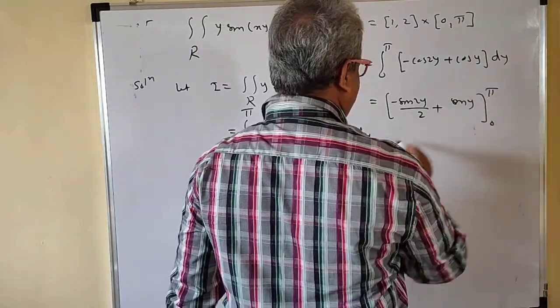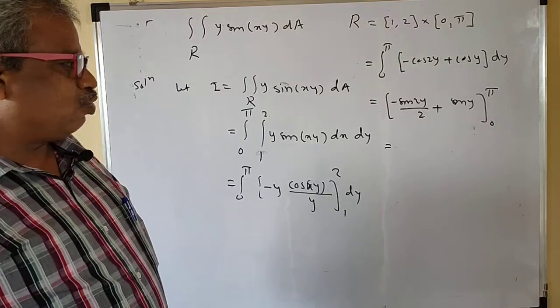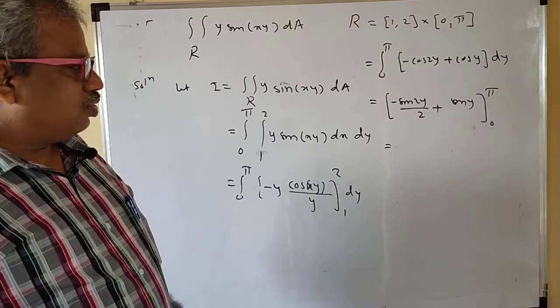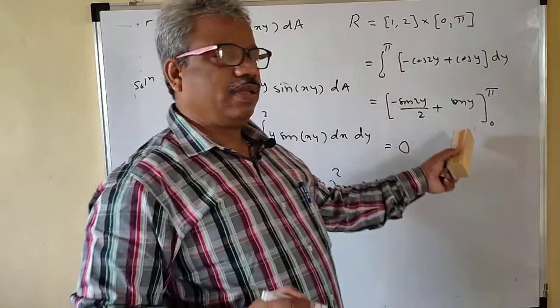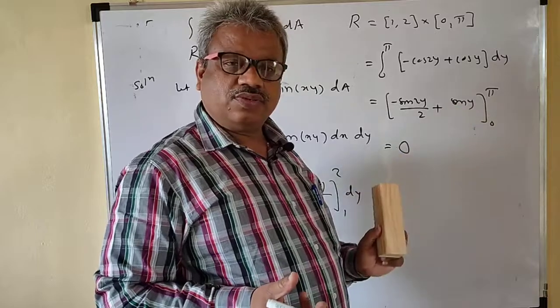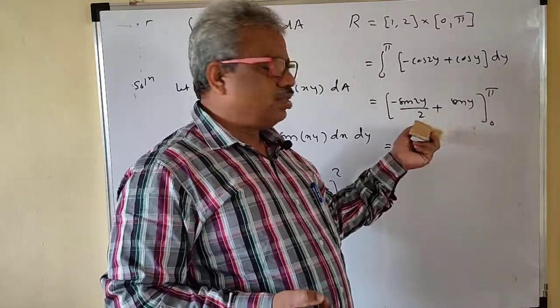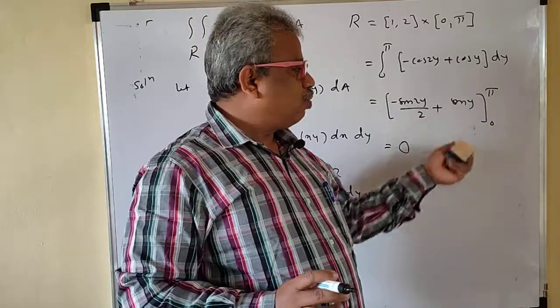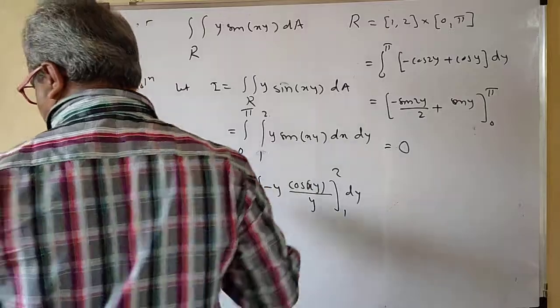You know that sin 0 is 0, and sin pi, sin 2 pi, sin 3 pi are all 0. If you put the upper limit, it is 0, because sin 2 pi and sin pi are 0. If you put y equal to 0, sin 0 is 0. So both the upper and lower limit values are 0, so your answer is 0.